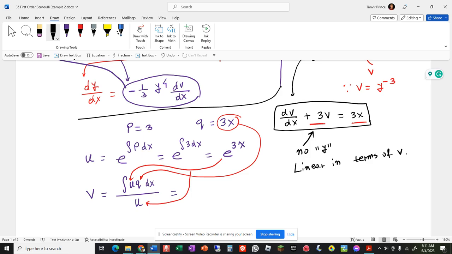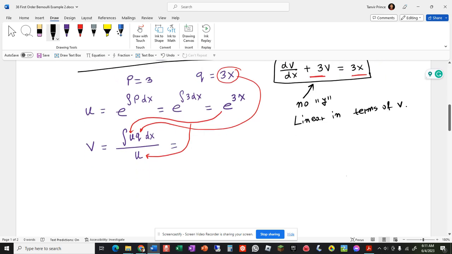So maybe I can do it down here. So I get v equal to integral of e to the 3x times 3x dx over e to the 3x.